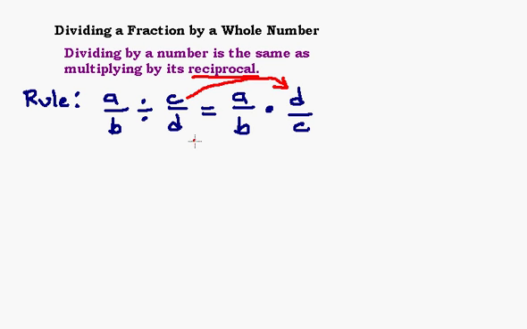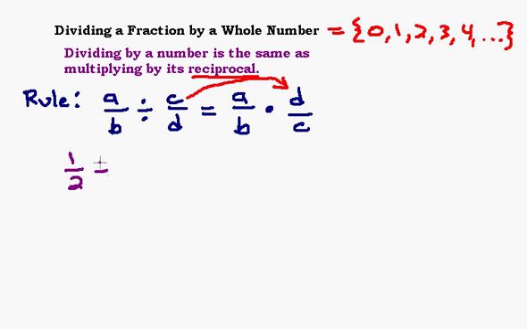Well, we're focusing in this video on dividing by a whole number. So let's remember what whole numbers are. Whole numbers are numbers that have no fraction parts. 0, 1, 2, 3, 4, 5, 6, 7, etc., all the way to infinity. So let's say we had an example of a fraction divided by a whole number, like 1/2 divided by 4.